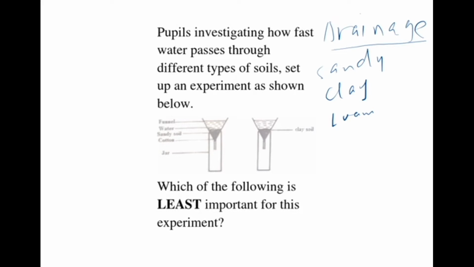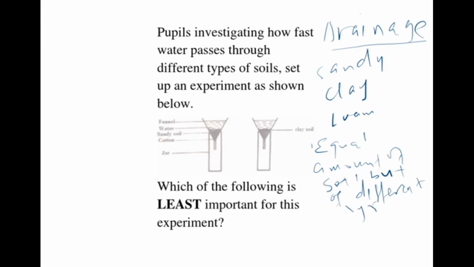So when we are carrying out experiments to investigate drainage in these different types of soil, there are things that need to be the same. One is that there must be an equal amount of soil, but of different types. The soil should be of the same amount but of different types, that is, clay, sand, and loam.